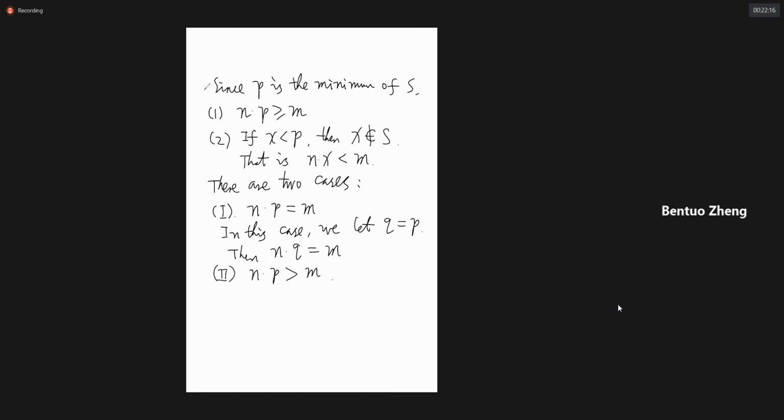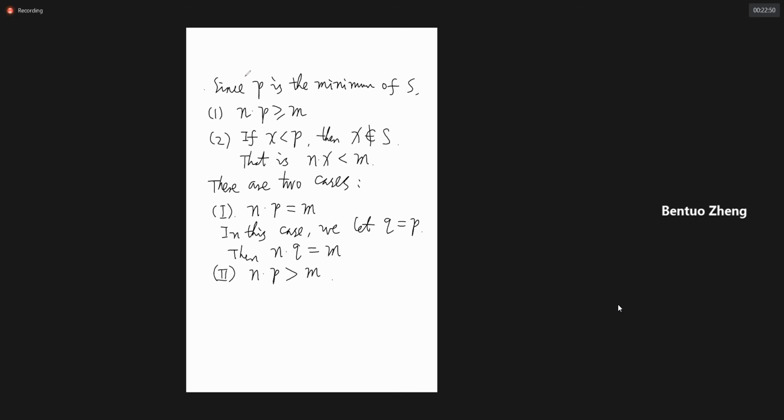Then by the property of natural numbers, there exists... one thing we have to argue before we make this claim.